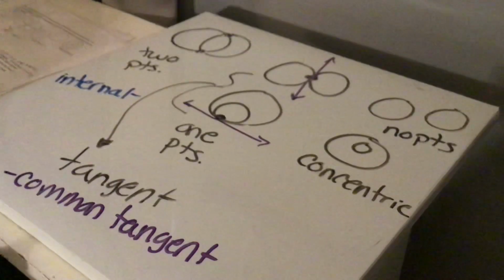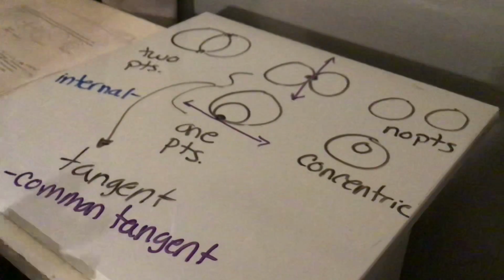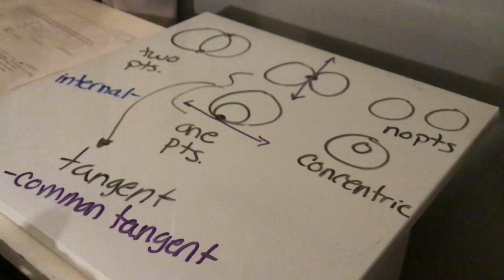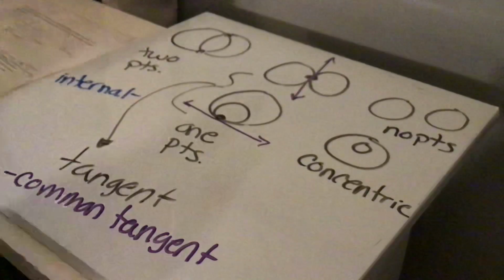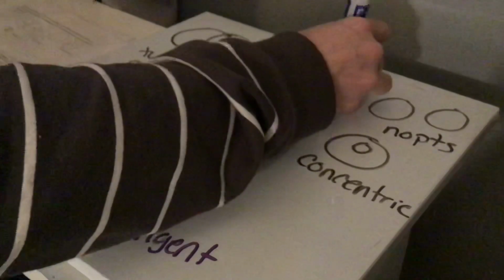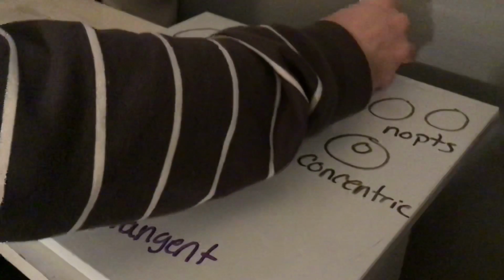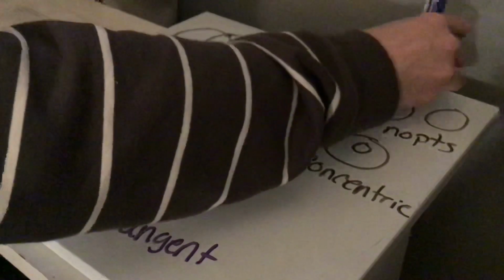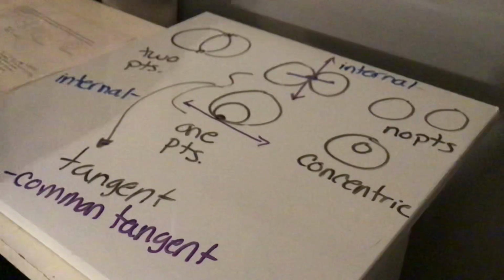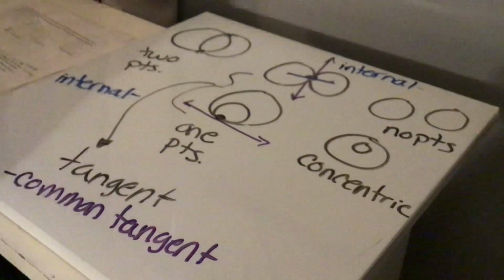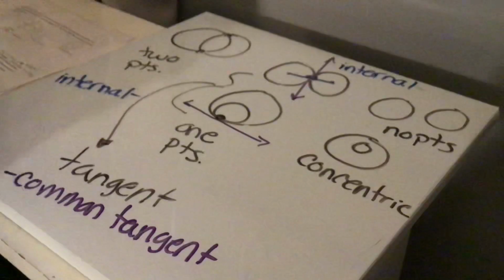A common internal tangent intersects the segment that joins the centers of the two circles. So here's a center, here's a center, that's the segment that connects them. So this is an internal common tangent.